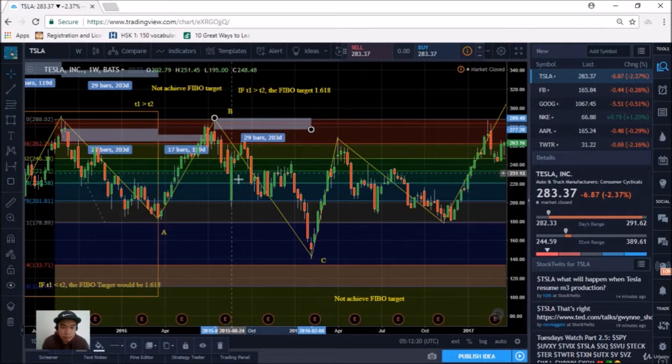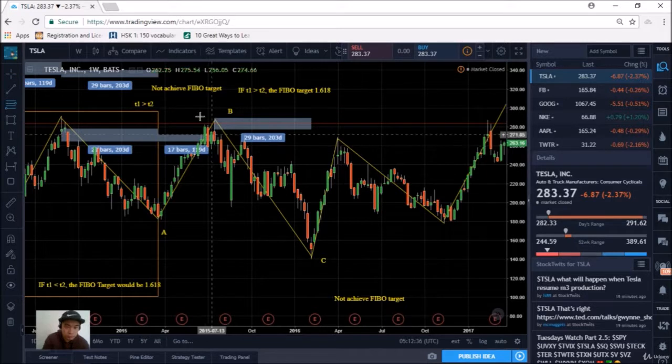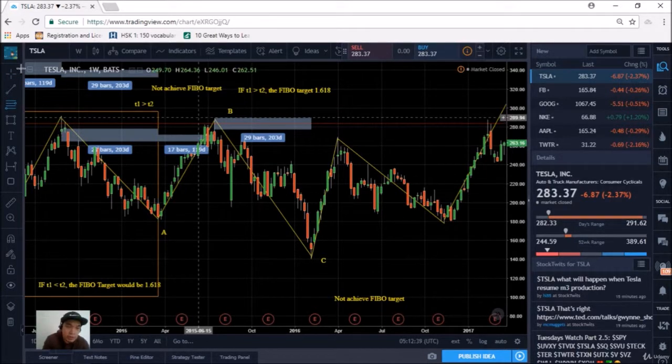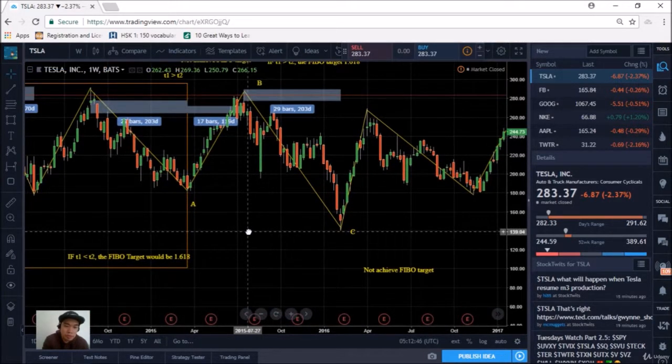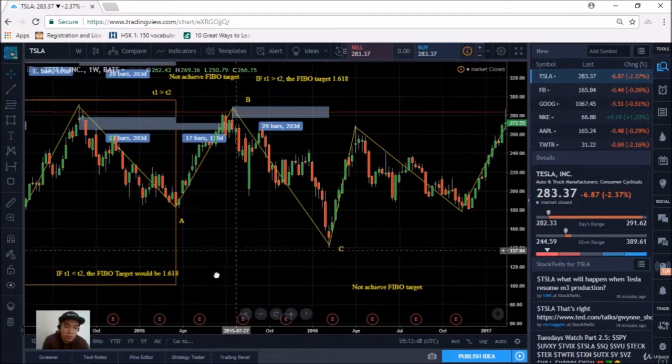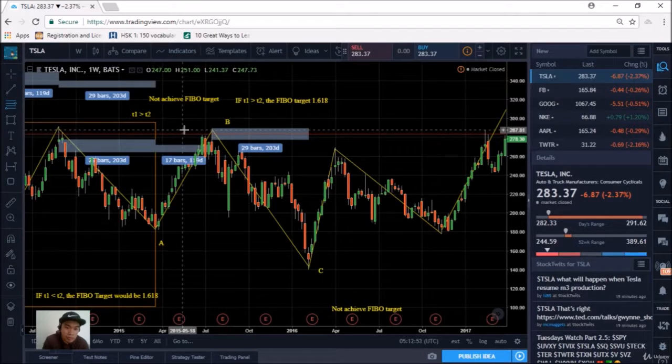Then what we are noticing here is that it took 119 days to go up and 203 days to go down. So what it means is, if T1 is less than T2, the next target would be 1.618.